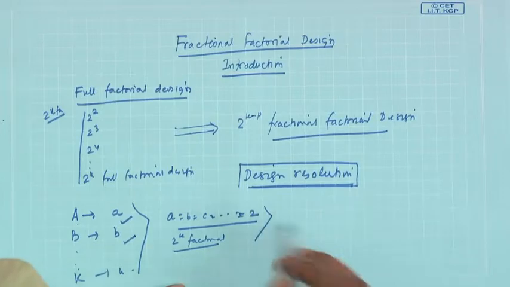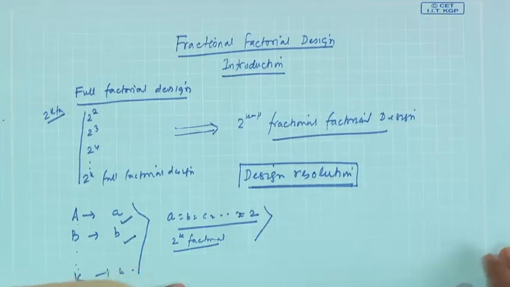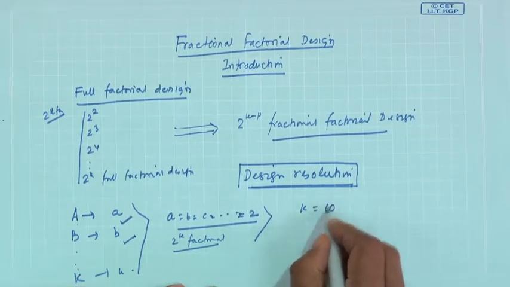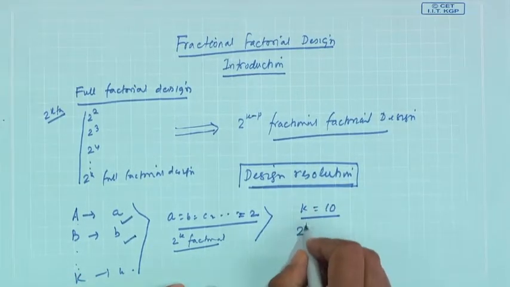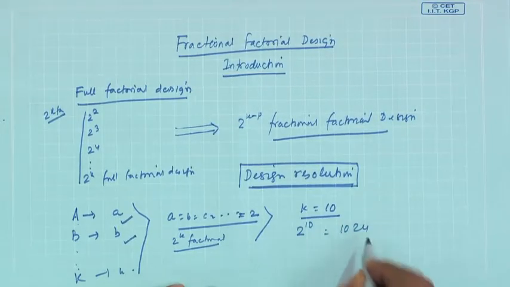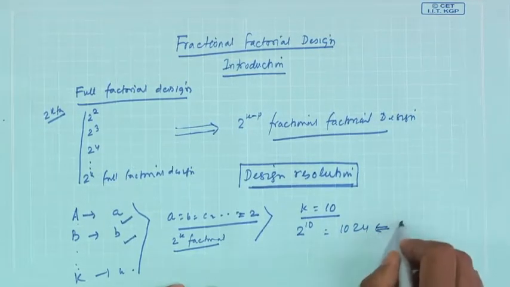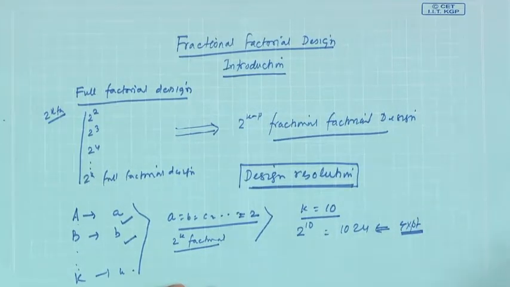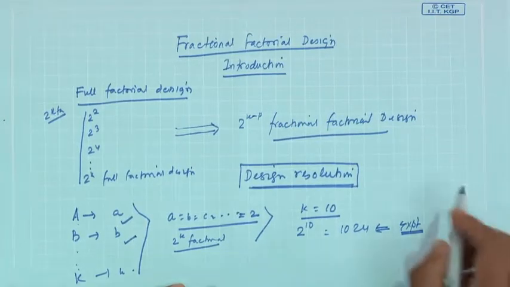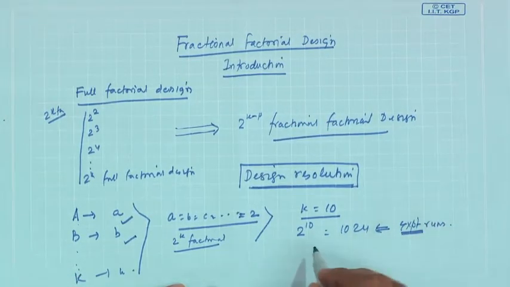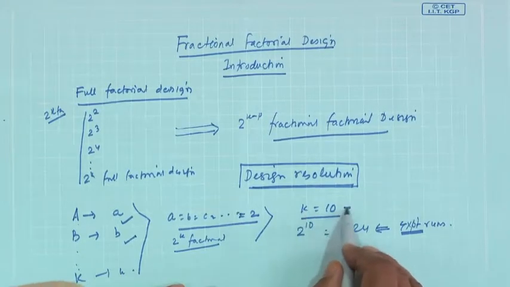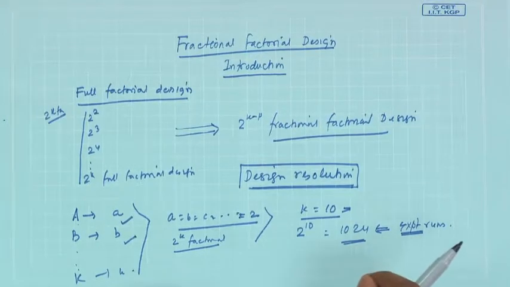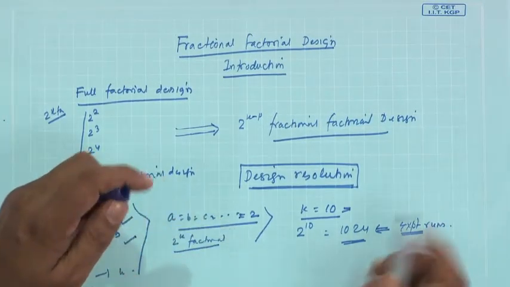Now, even in 2 to the power k factorial design, suppose if k equal to 10, then 2 to the power 10 means it is 1024. So, these many experimental conditions, these many experimental runs with a single replicate are required. So, if I have k number of factors each at 2 levels, you require a large number of experiments to be conducted.